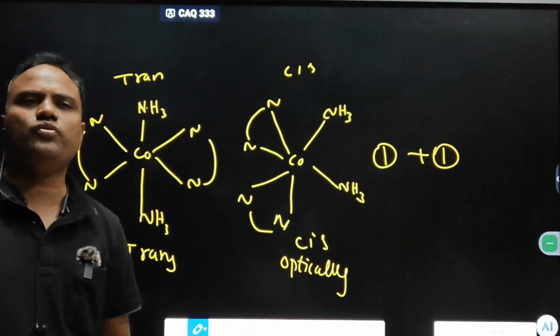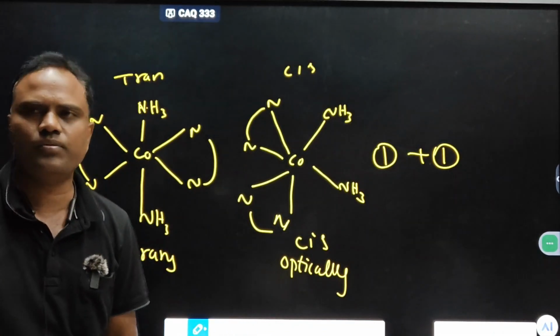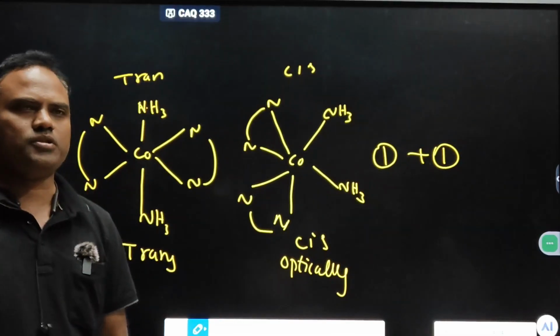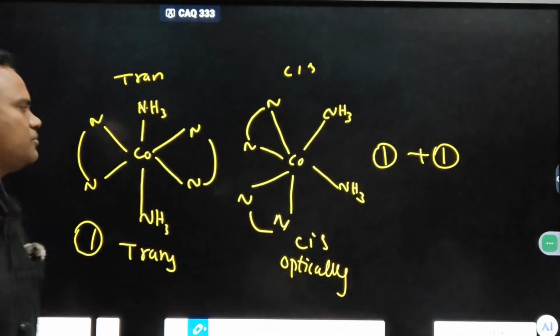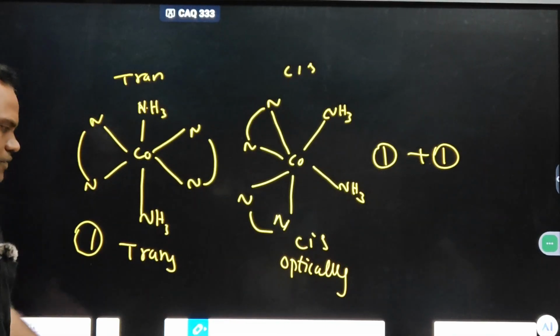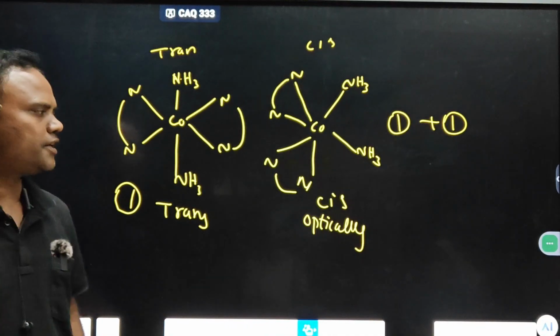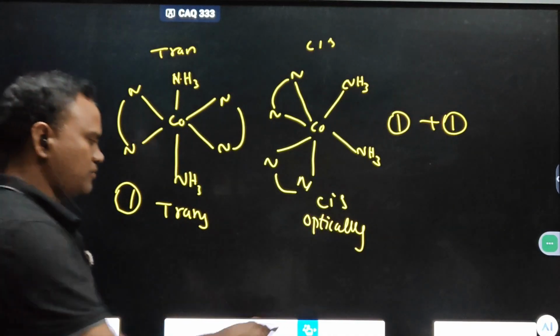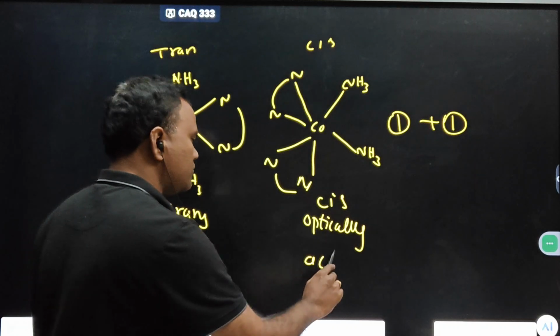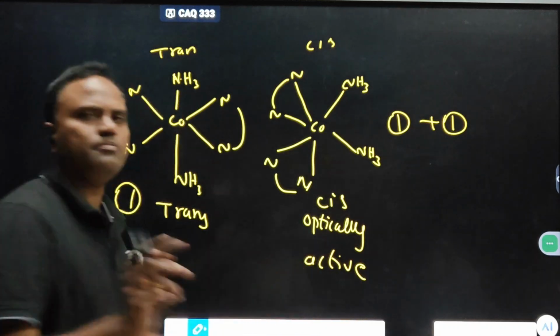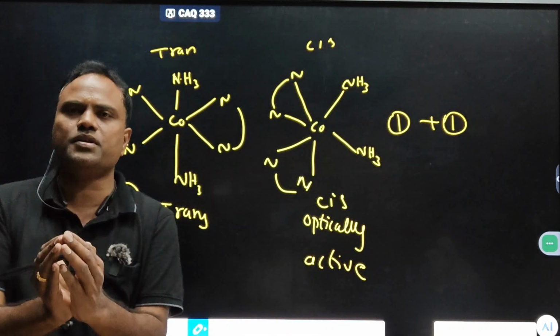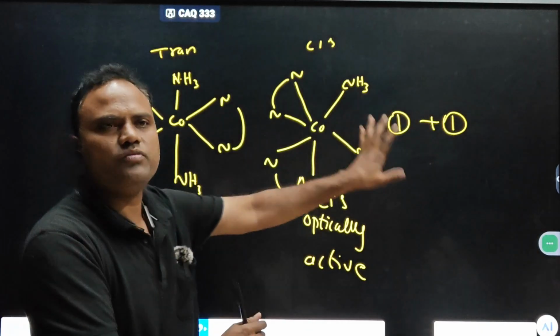Now I'll give you a few formats and their number of isomers. Okay, this is one important model question. That's why I gave it first. Optically active means, remember, whenever you get one compound optically active, you have to imagine 1+1.